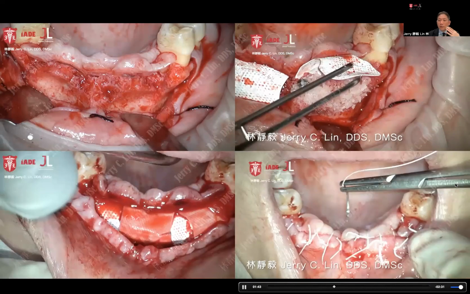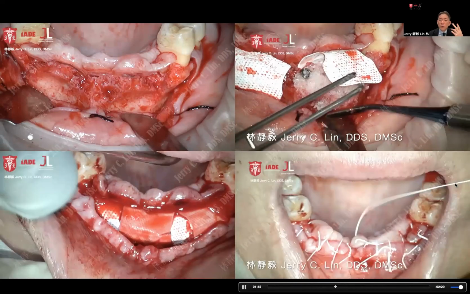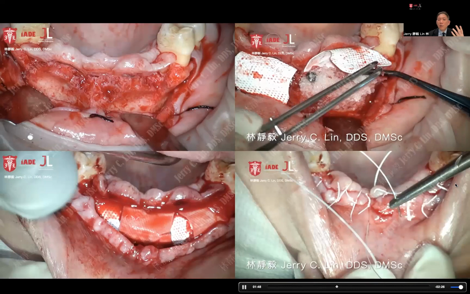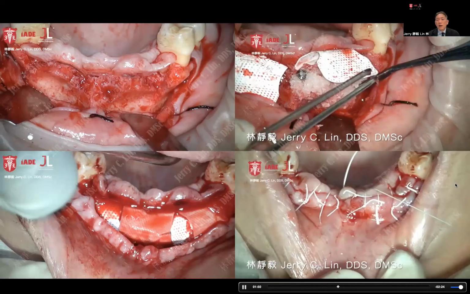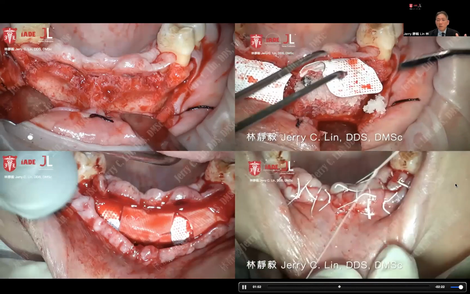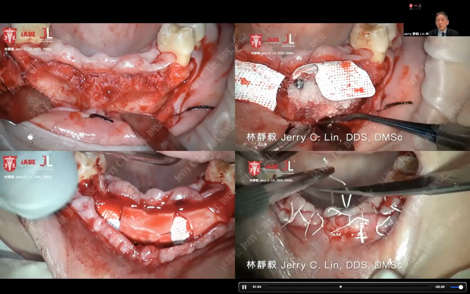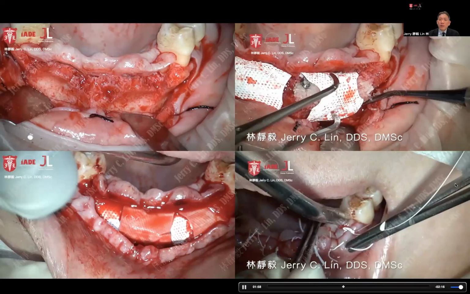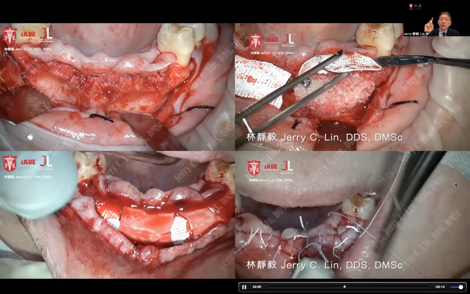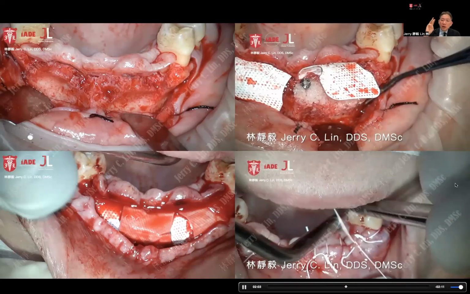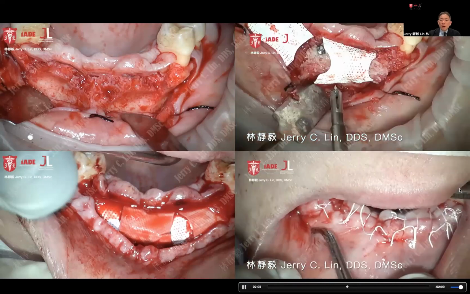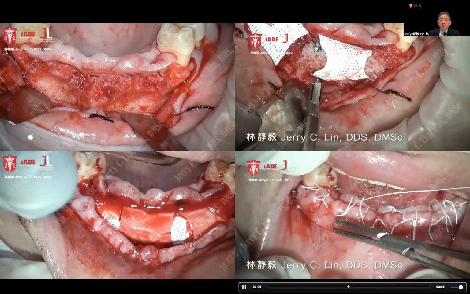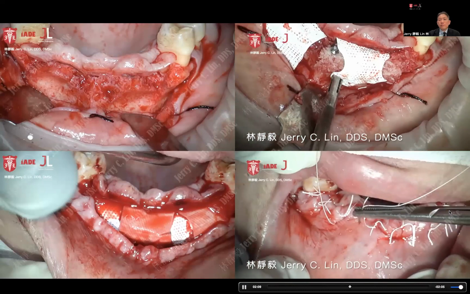So with this kind of thinking process, we can make things easier, and we can have very good treatment planning and decision making for certain types of patients. Always think about bone, implant position, soft tissue. And then we should achieve primary closure.